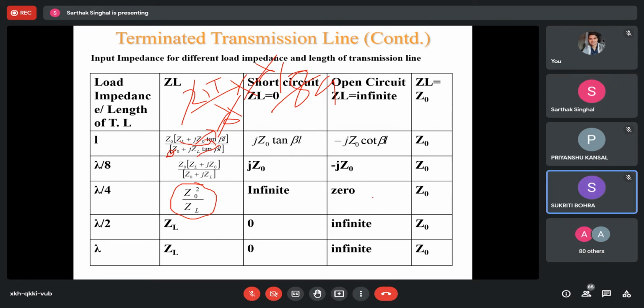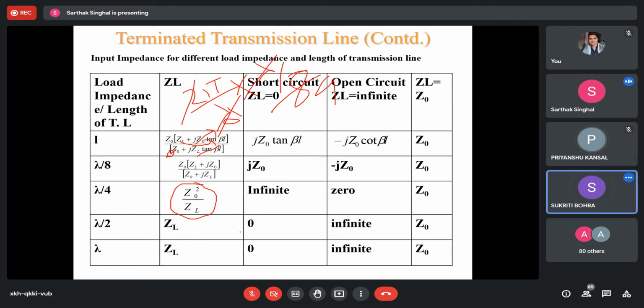And what about this lambda by 2? For the half wavelength transmission line, this beta L will be replaced by pi. So tan(pi) is 0, and you will be left with Z0 into ZL upon Z0. So it will give you a value of ZL simply, right?